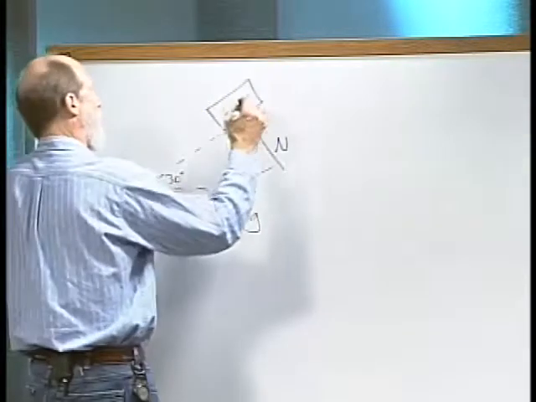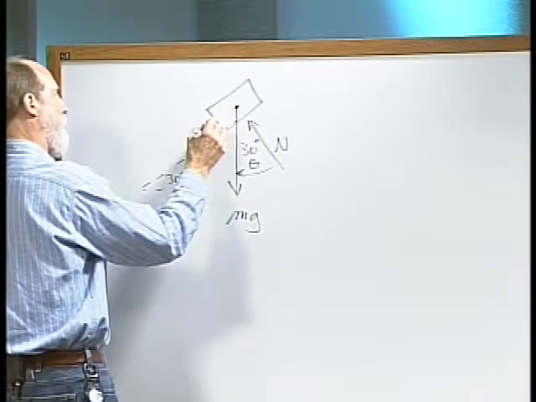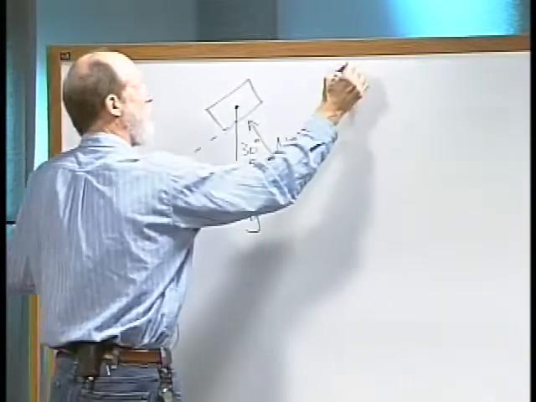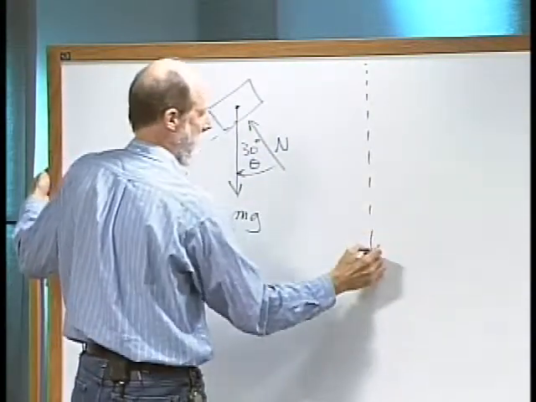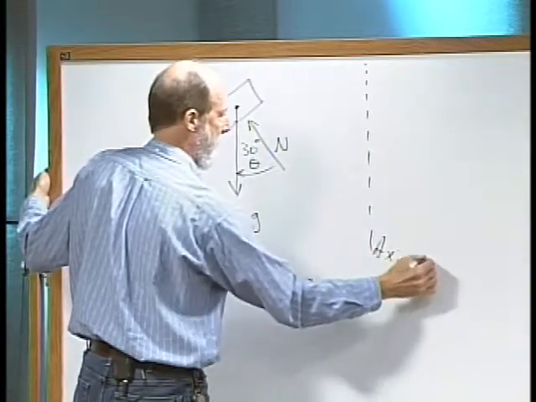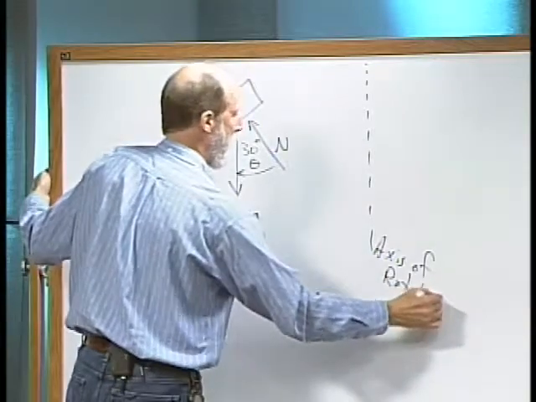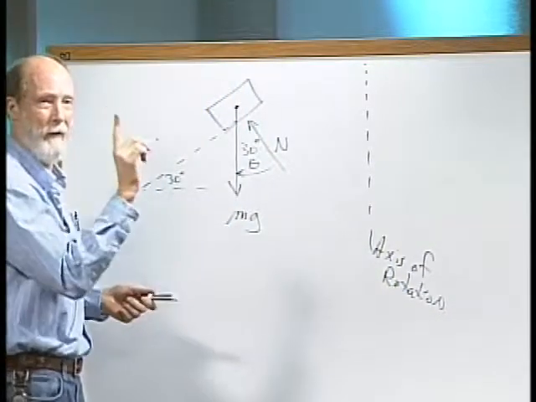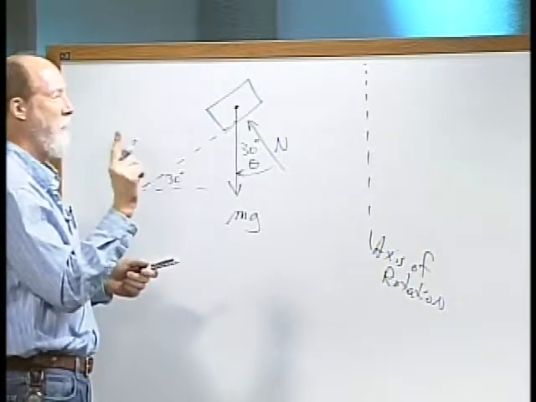If we use normal-tangential, normal is going to point back towards this. Well, actually, no. Here's the axis of rotation. So your normal points towards the axis then? Correct. And then is your t-hat component coming towards you? Yeah. So here's the deal.